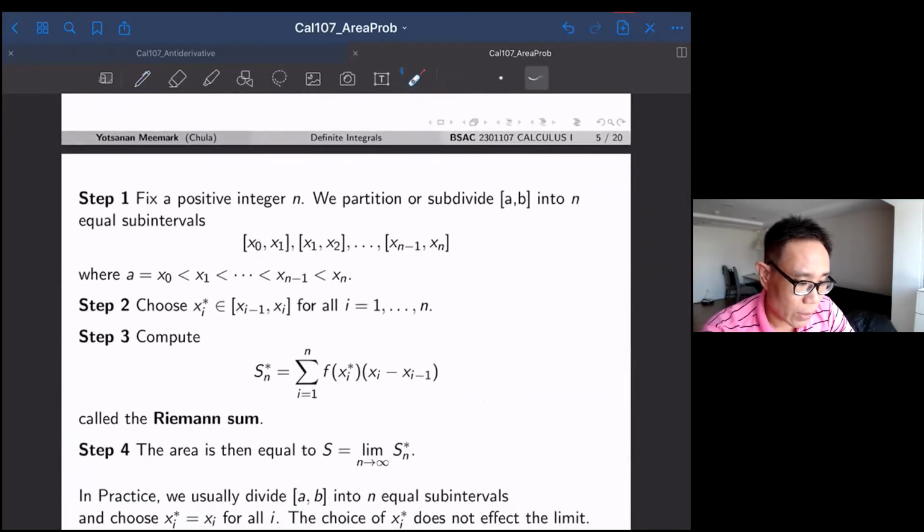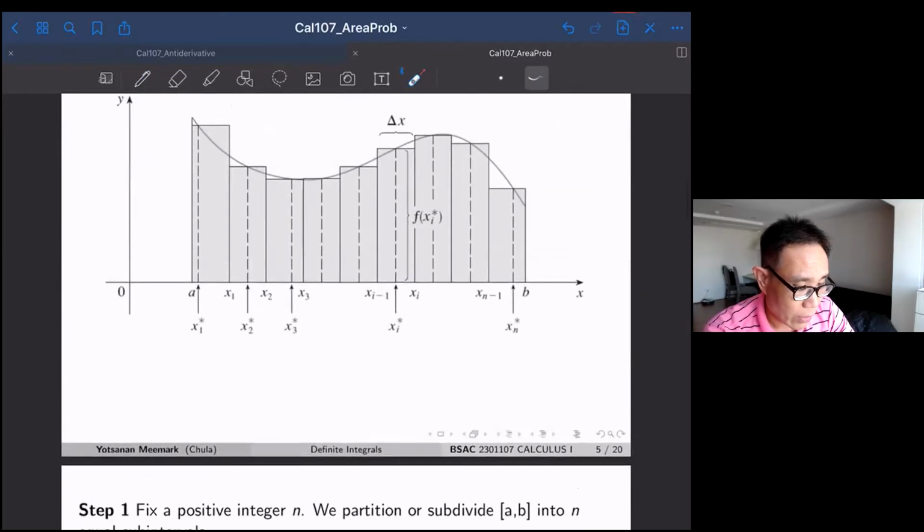If we fix a positive integer n and divide the interval [a, b] into x0, x1, x2, up to x(n-1), xn, you subdivide it into small subintervals, like in this picture.